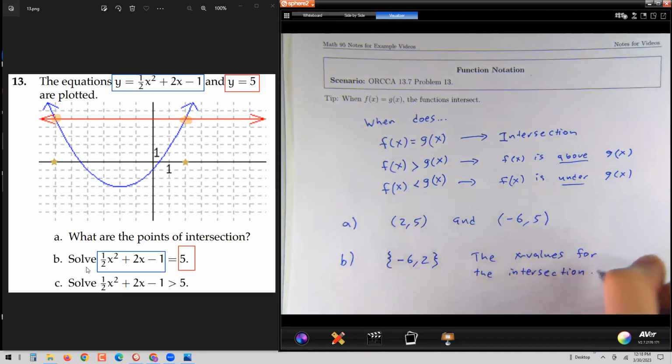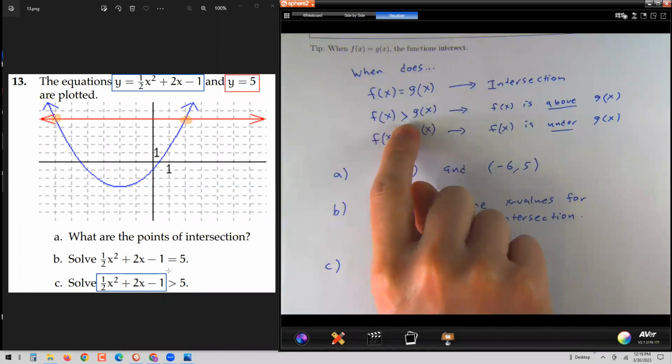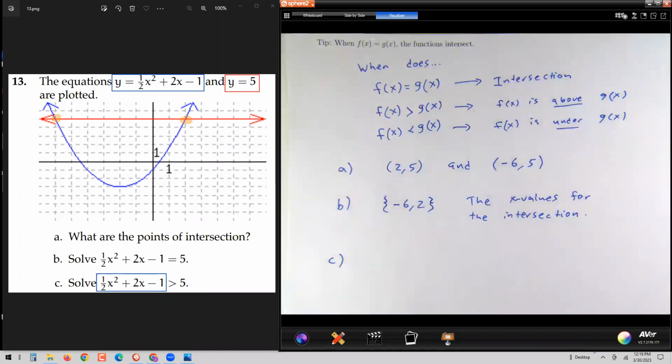Let's look at part C. Part C is asking, when do we have, I'm going to box these things again in their colors, 1/2 x squared plus 2x minus 1, that blue graph, above the graph y equals 5.